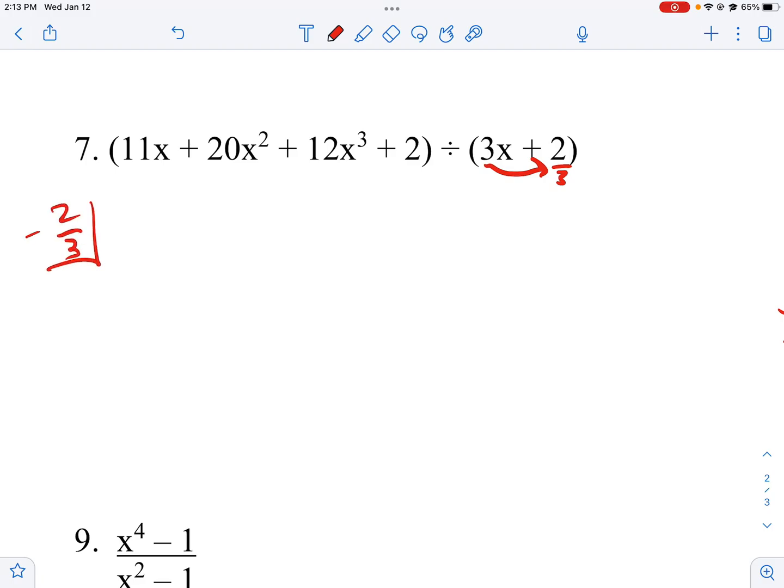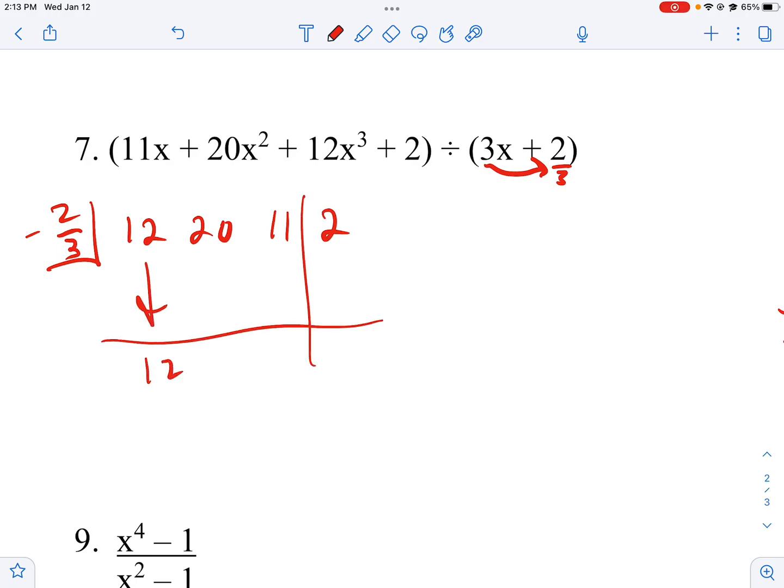And if you just took these at face value, now that should be 12 first, then 20, then 11, then 2, separate, drop. Let's see, 12 divided by 3 is a 4, times negative 2 is negative 8. That makes 12 again. So it'd be 4 times negative 2 is negative 8, which makes that a 3. 3 divided by 3 is 1, makes that a negative 2.